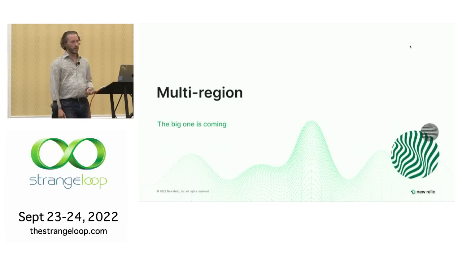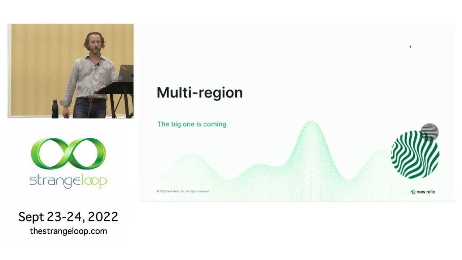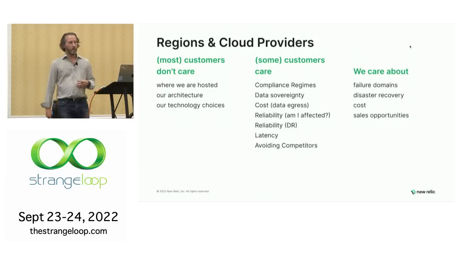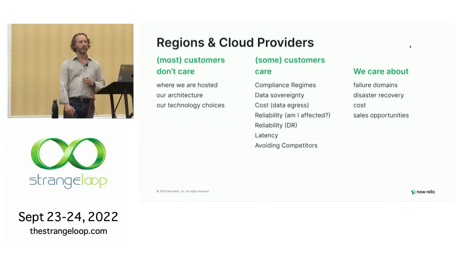I'm going to talk a little bit about multi-region. Again, this is one of these things where most customers don't really care what region you're in, what cloud provider you're in. There are a few more reasons why some customers do legitimately care about where you're storing their data. And then we had some similar concerns around failure domains and other things.